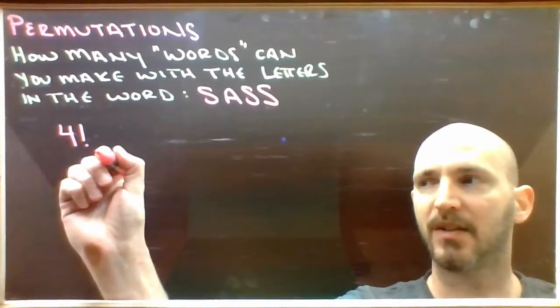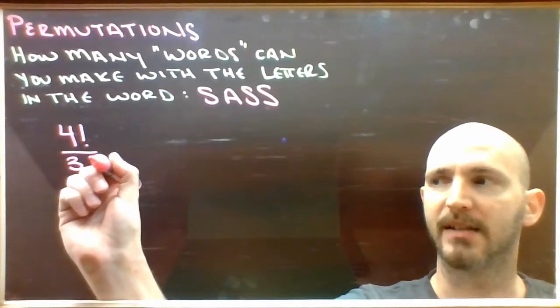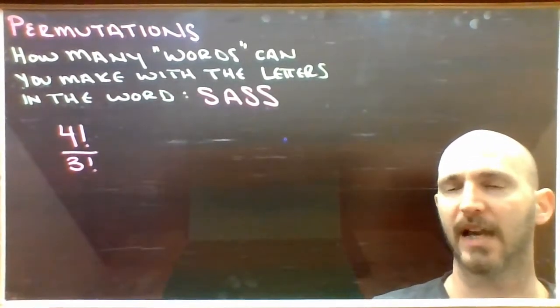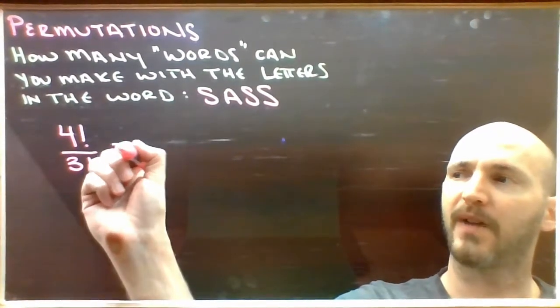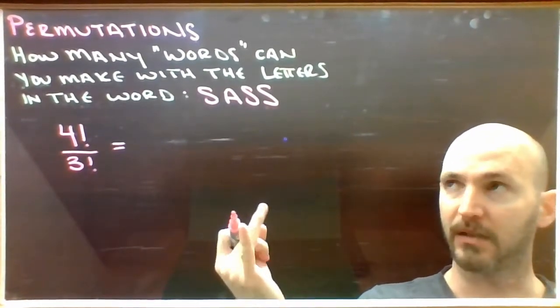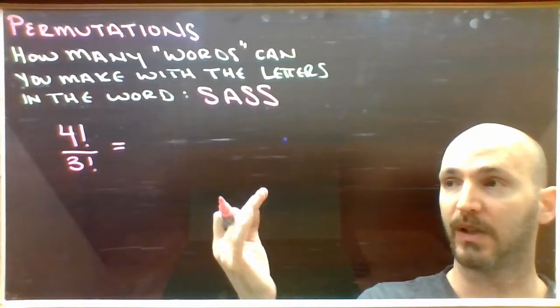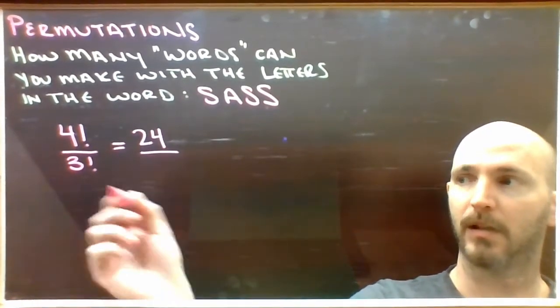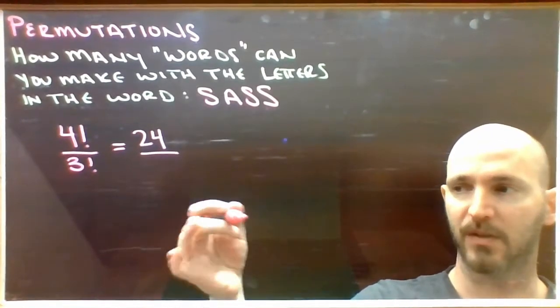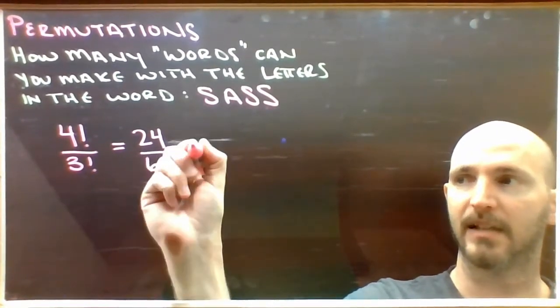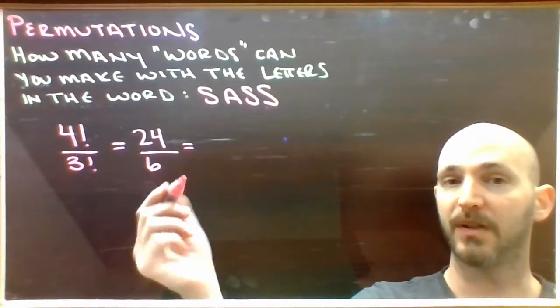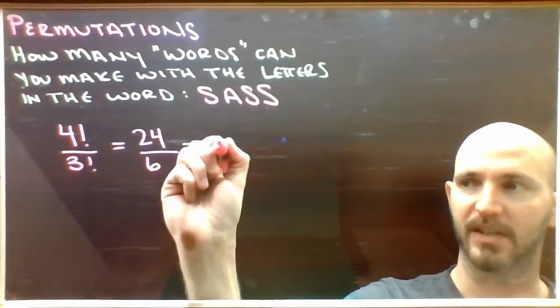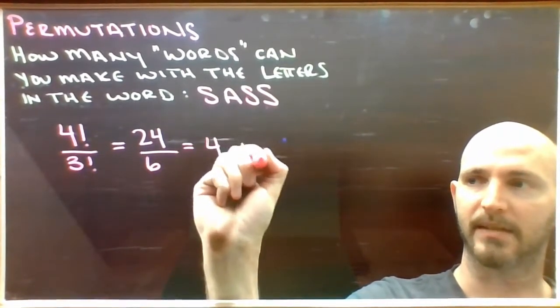So I need to divide out the shufflings of those indistinguishable S's. Now 4 factorial would be 4 times 3 is 12 times 2 is 24. And 3 factorial is 3 times 2 times 1, which is 6. And so I would end up with 24 divided by 6, which is just 4 different ways.